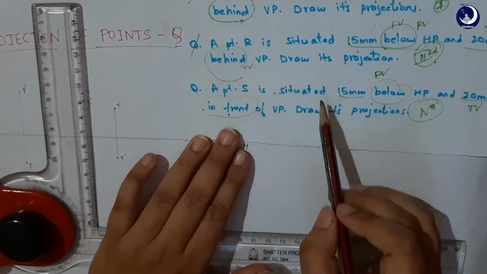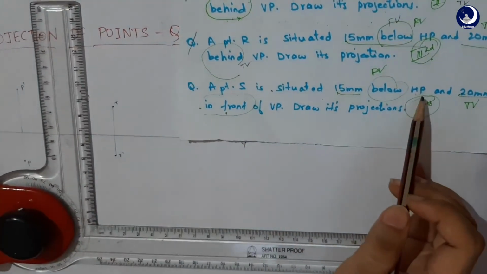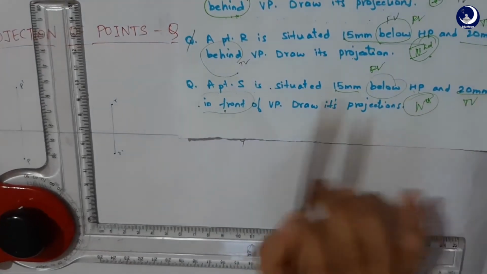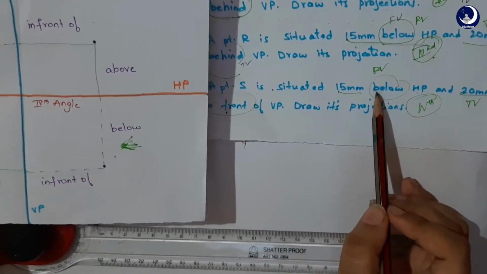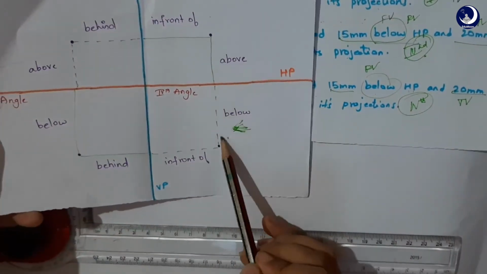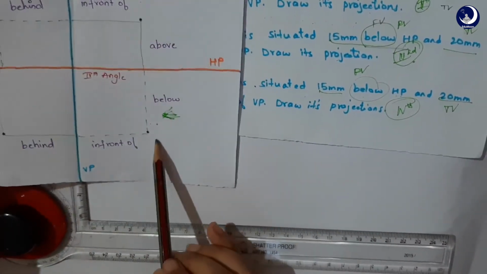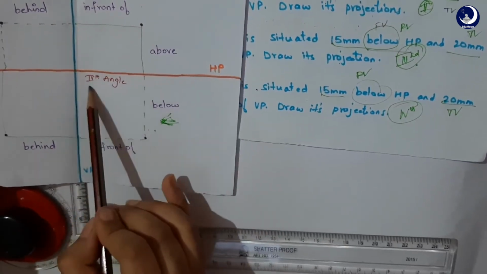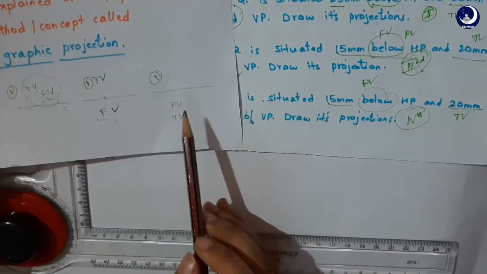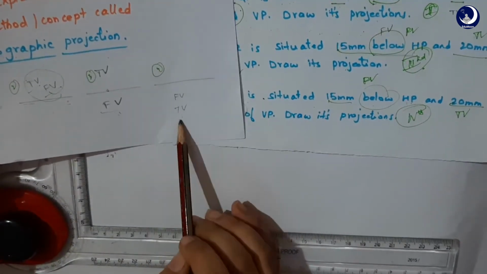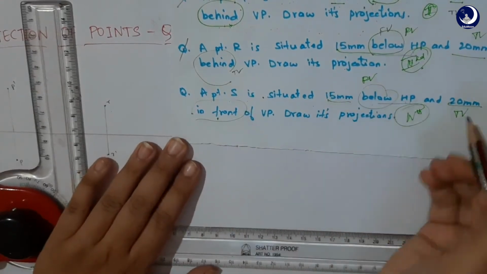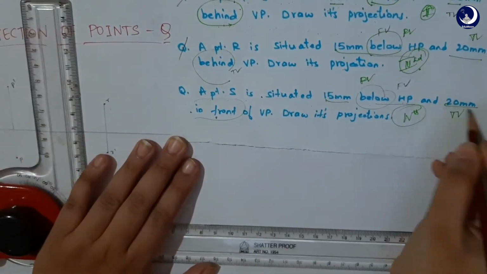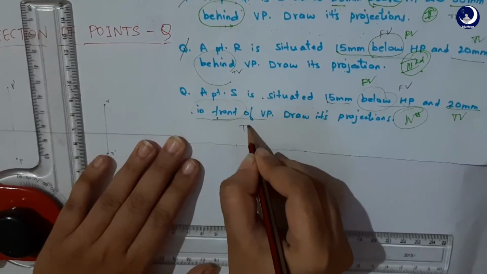A point S is situated 15 mm below HP and 20 mm in front of VP. Draw its projections. Again, identifying the quadrant: below HP and in front of VP. That is clearly the fourth quadrant, fourth angle projection. In fourth angle projection, both the front view and top view are below the reference line. So let's draw them. Below HP, that is the front view, and 20 mm in front of VP, this is the top view.